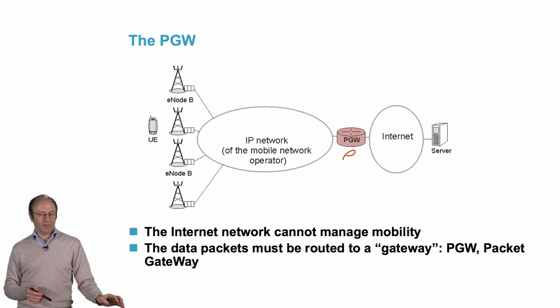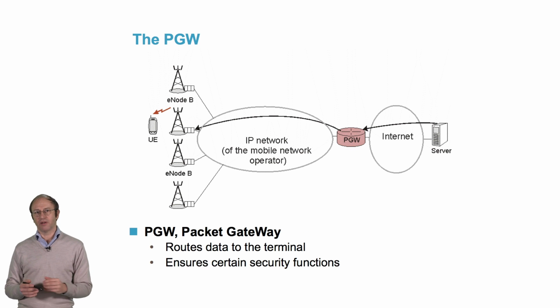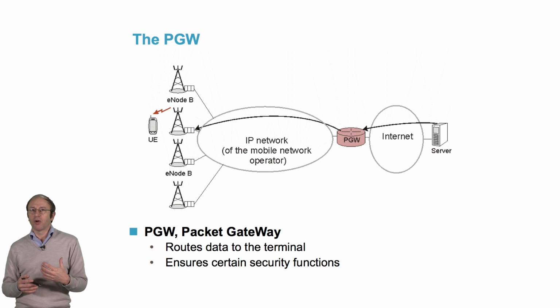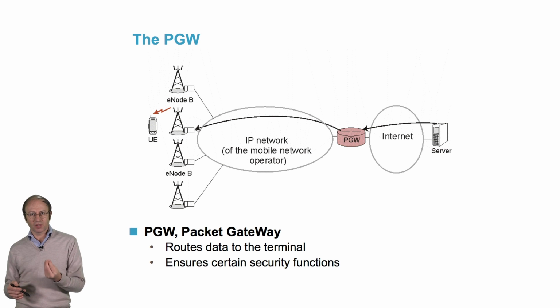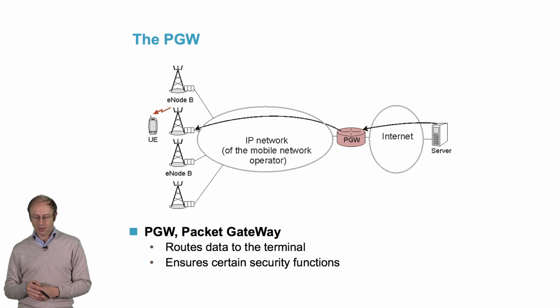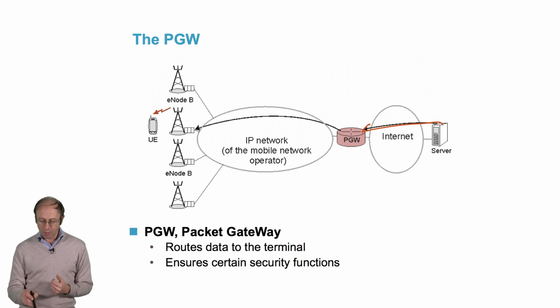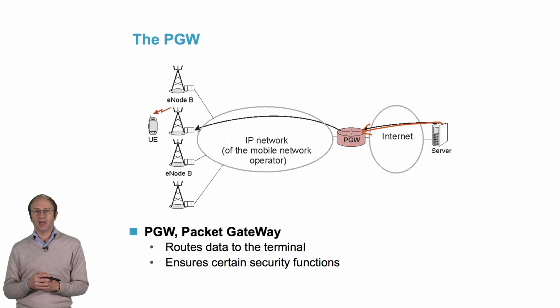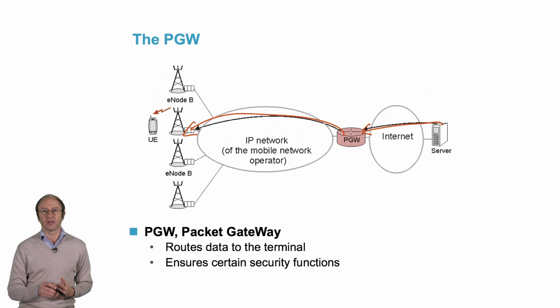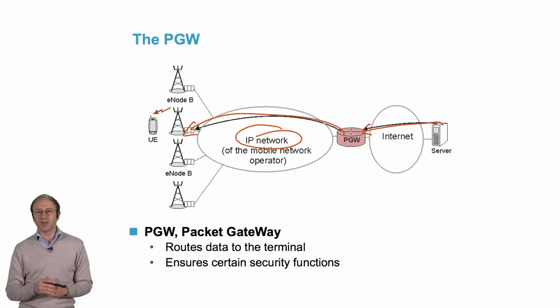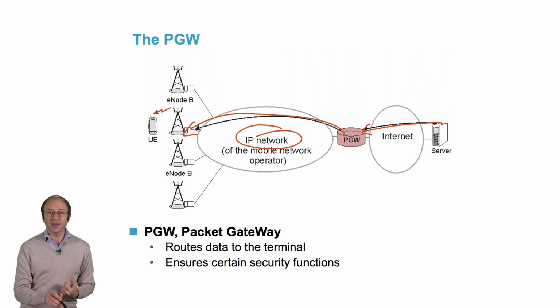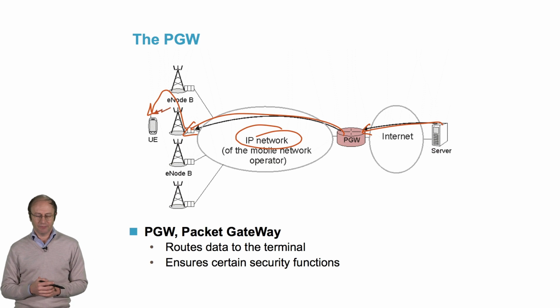That means that when I consult a server, the packet constituting, for example, a piece of website will be transmitted through the internet to my mobile operator P gateway. Then, from the P gateway to the base station using the mobile operator's own IP network, and from the base station to my terminal over the radio channel.